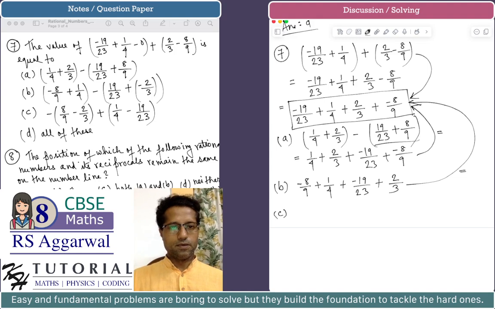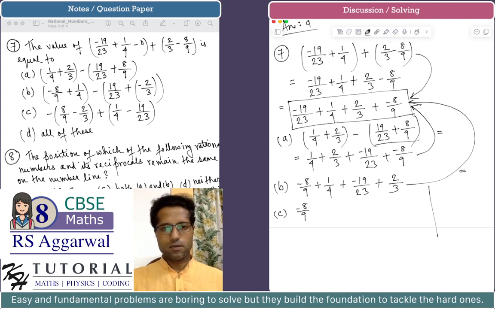And let's see what is C. If I open up the brackets of the expression in choice C, the first bracket will open, but the rational numbers inside will change their sign because we have a negative sign before. So it will be minus 8 by 9, and inside we have minus 2 by 3. Now you need to understand this.